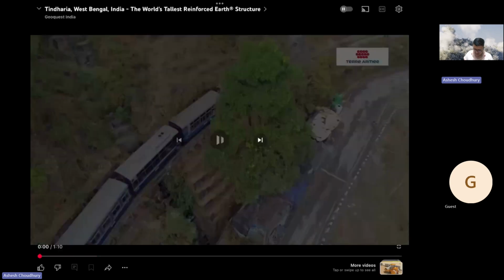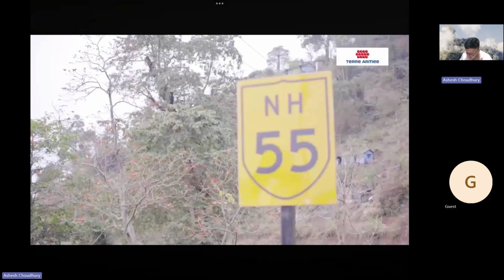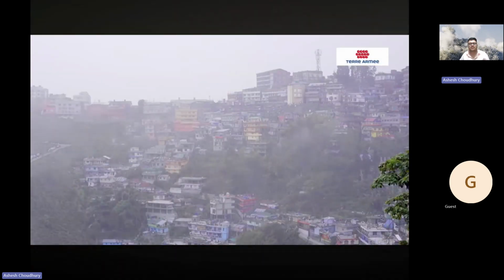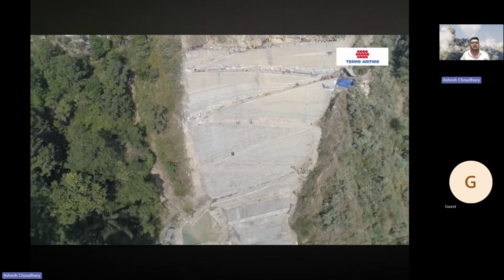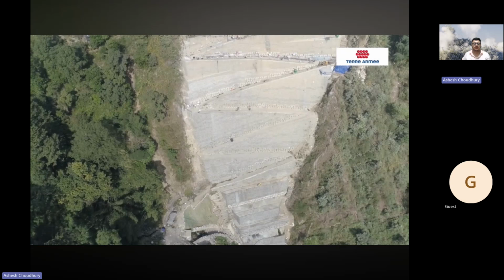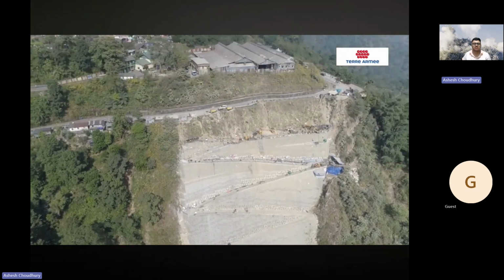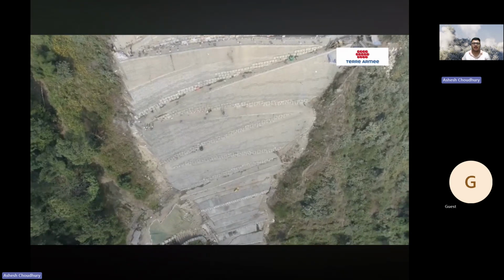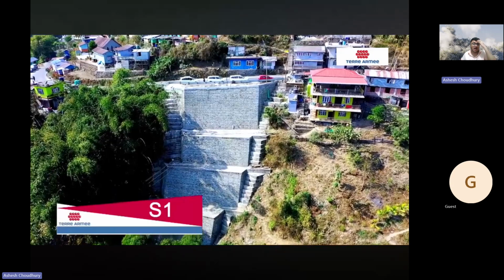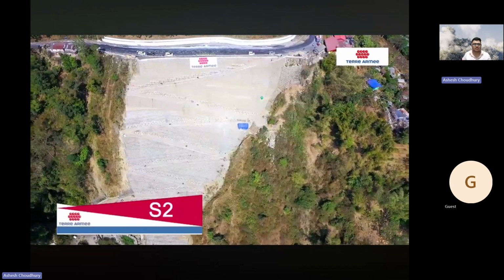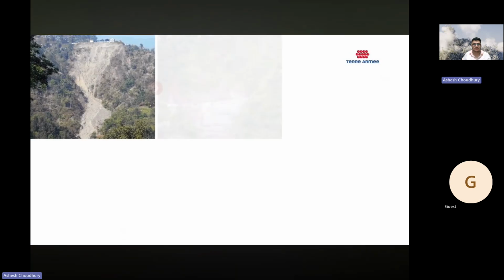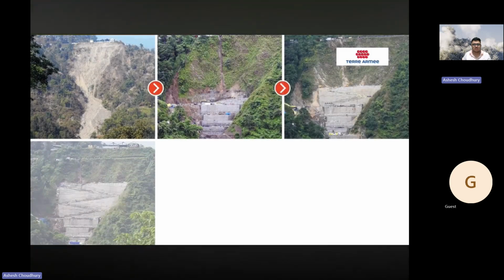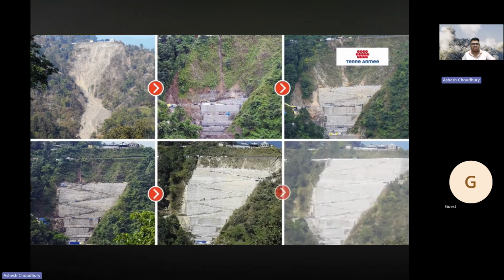This is the same project. You can see how vast, how tall the structure is. This is how it was made.